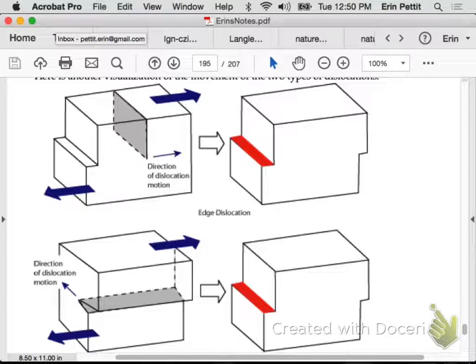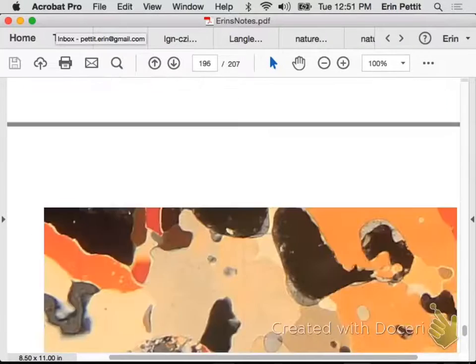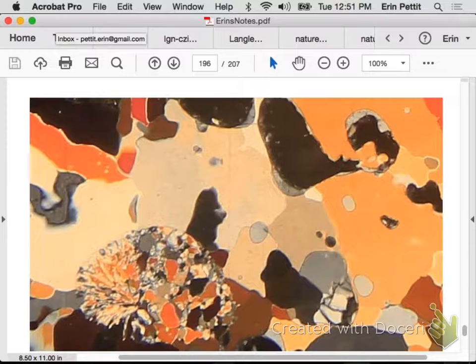The screw dislocation, which is this twisting motion, is sort of like tearing a piece of paper, and this dashed line will move itself that way. So they move differently through the system. And you can attach them together, like in this picture of a real crystal.